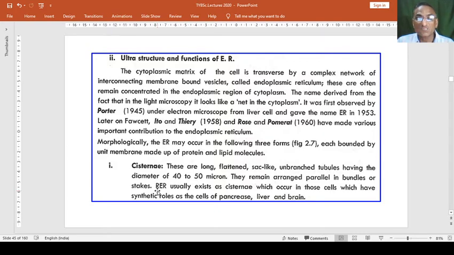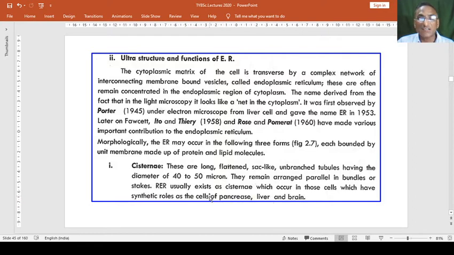If ribosomes are attached to the cisternae, these are called rough endoplasmic reticulum, RER. It usually exists as cisternae in those cells which have synthetic roles, such as the cells of the pancreas, liver and brain.